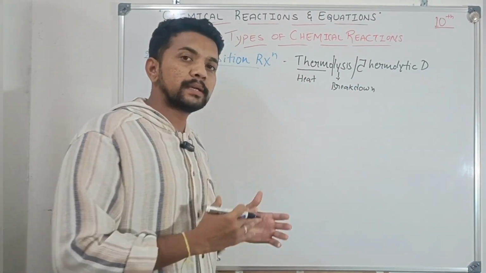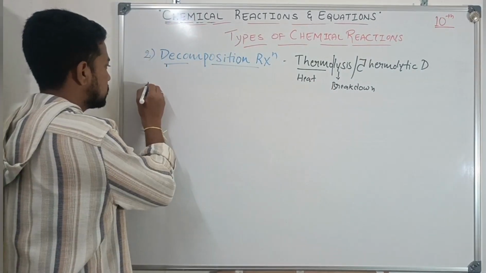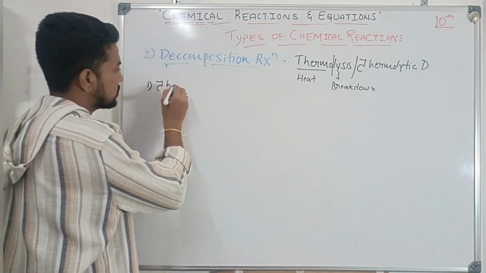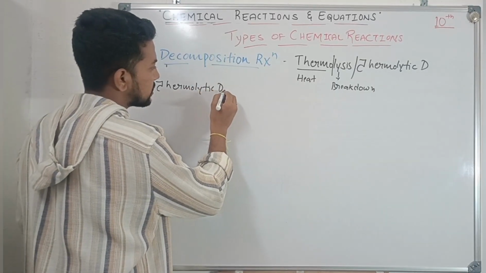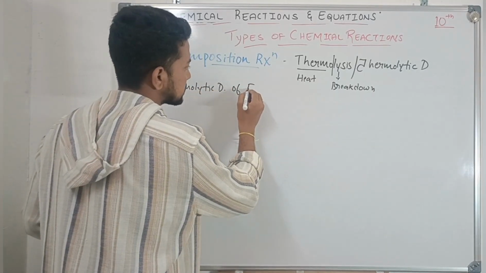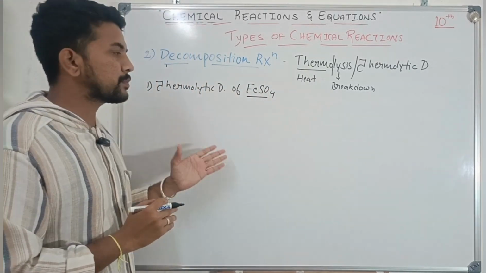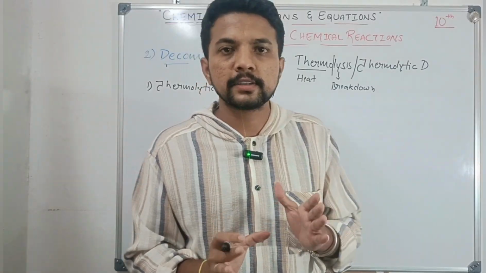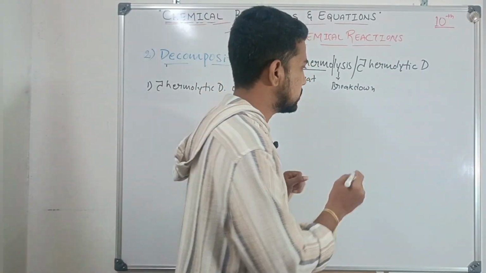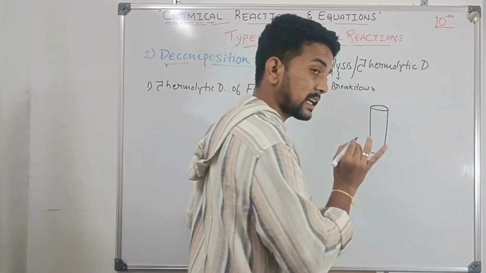One of the best examples for thermolytic decomposition is the thermolytic decomposition of ferrous sulfate crystals. First you have to take a dry test tube.